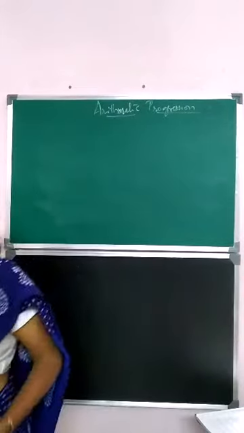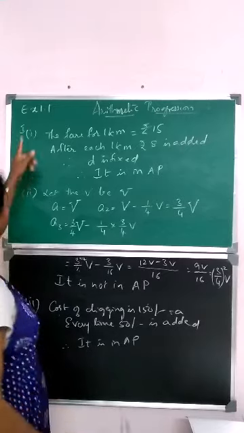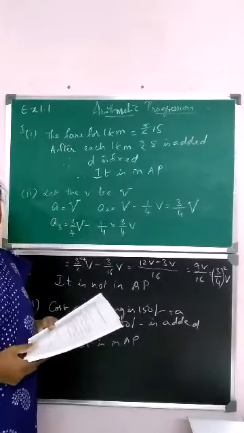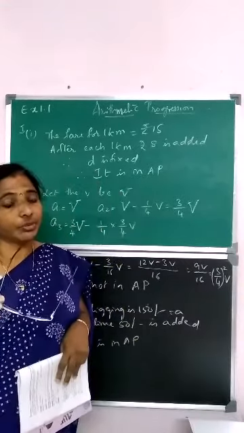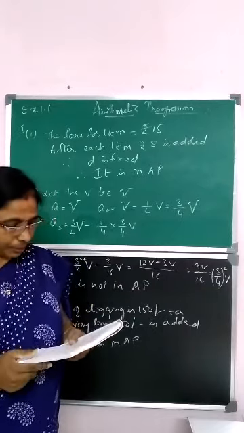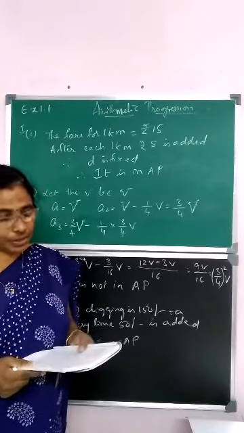For each, we need to check whether they form an AP. Whenever the common difference is equal, then we can say that it forms an AP. And if it forms an AP, why? That is the question they have asked.